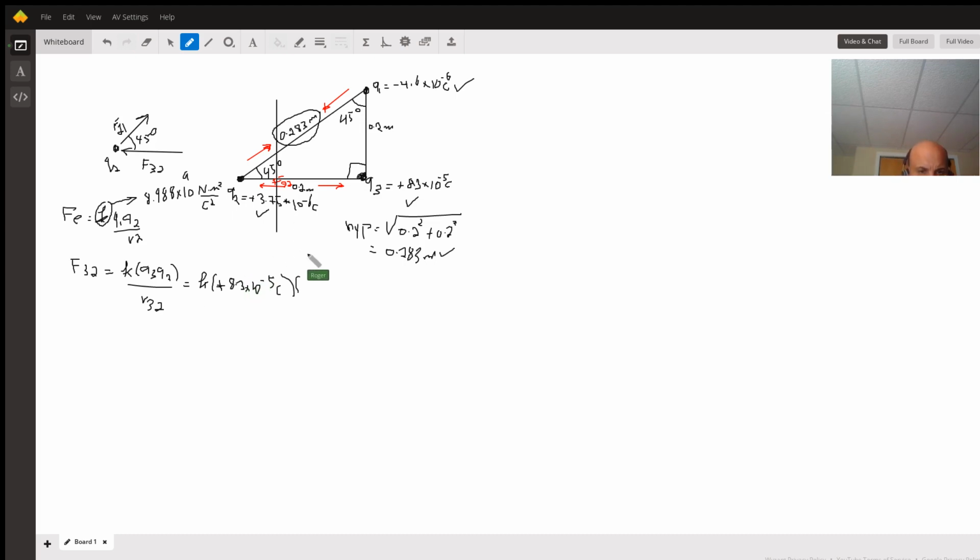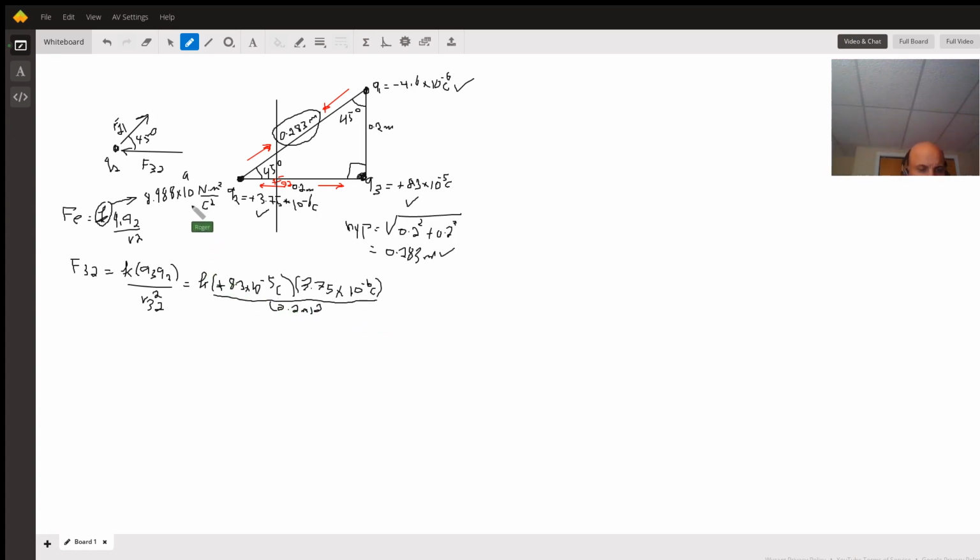What is Q2? 3.75 times 10 to the minus 6 coulomb, divided by R32, which is 0.2 meter, sorry, R squared. R32 is 0.2 meter squared.